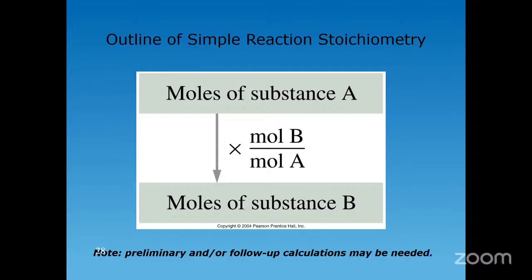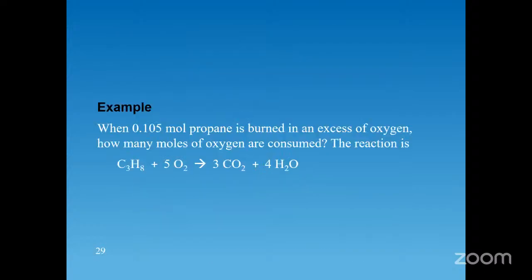And I think the next slide is a simple example. Yes, okay, so in this case, fortunately for us, they gave us a balanced equation, right? So no problem there. The question gave you 0.105 moles of propane. By the way, this is propane right here, all right? And then it says how many moles of oxygen are consumed, right?